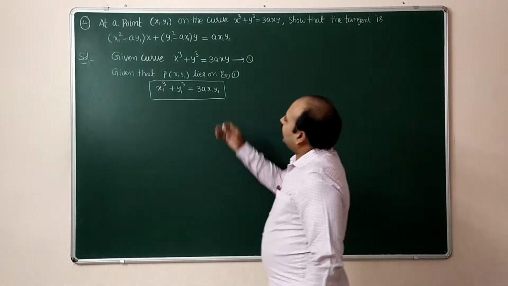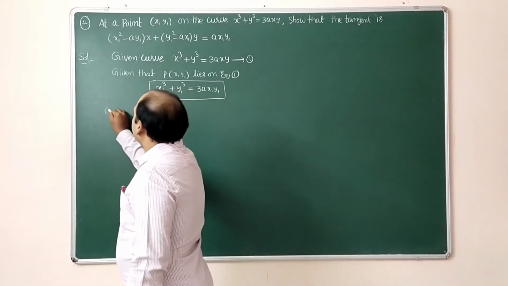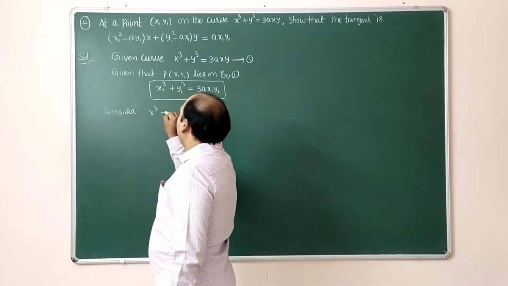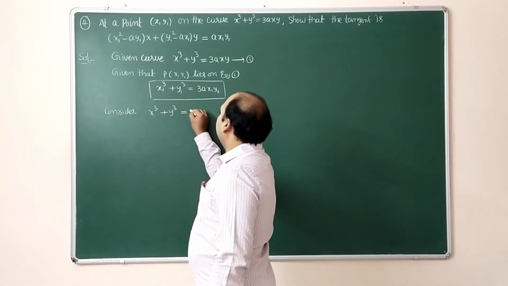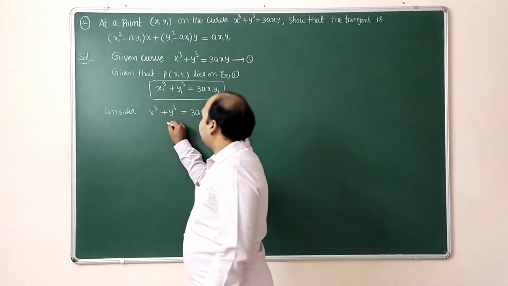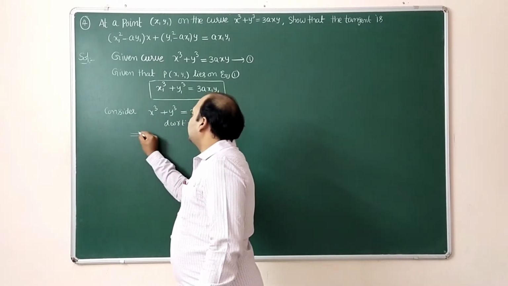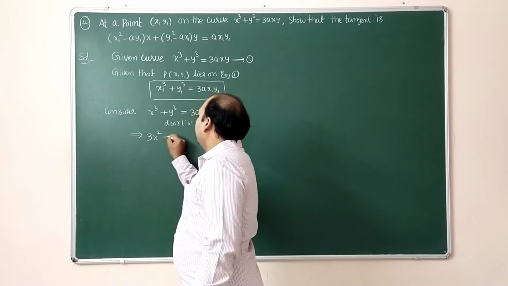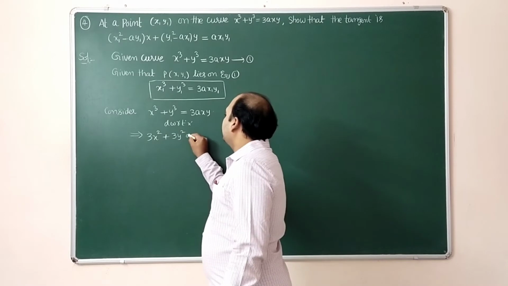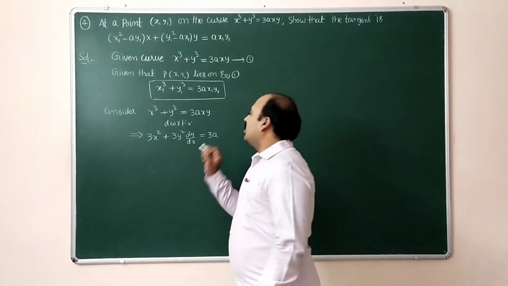After that, again consider the curve and find the slope. Consider x cube plus y cube is equal to 3axy. Differentiate with respect to x. d by dx of x cube is 3x square, plus d by dx of y cube is 3y square into dy by dx, is equal to 3a, which is constant.